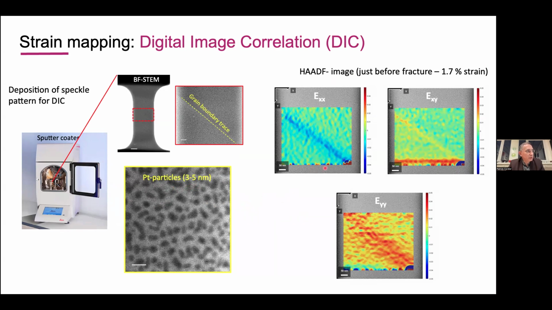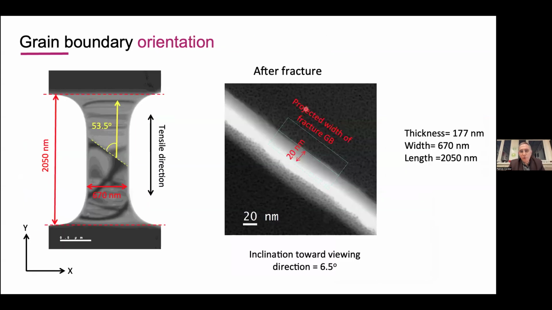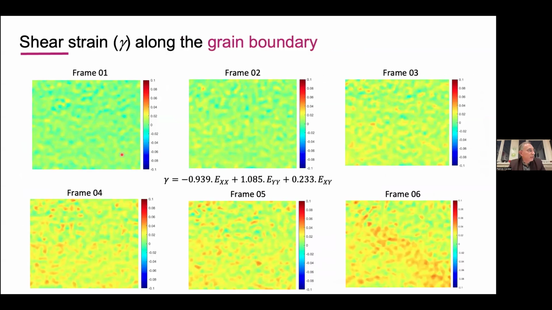And from that, we could have the strain maps first here in the reference frame of the specimen XY, but then of course we want to do more. So again, we measured all the orientations in all directions of the grain boundary to calculate the shear strain along the grain boundary, which is more relevant for this study.